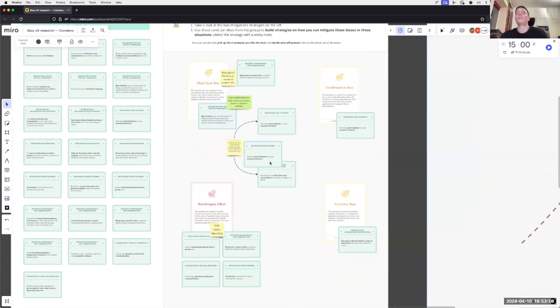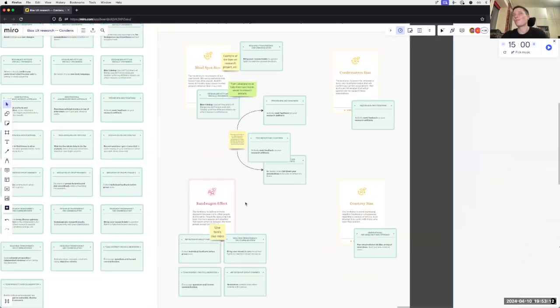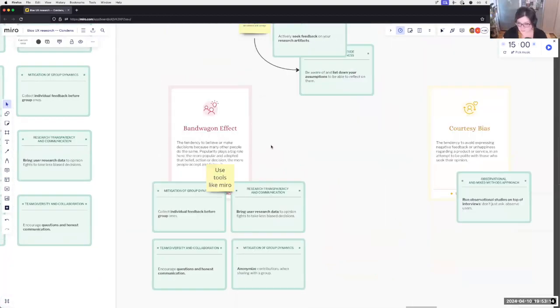I think that bandwagon effect was the most interesting one for us. We put a lot of strategies to fight this bias. It's simply a tendency to say or do what other people say or do. And we decided that it's really important to collect individual feedback.